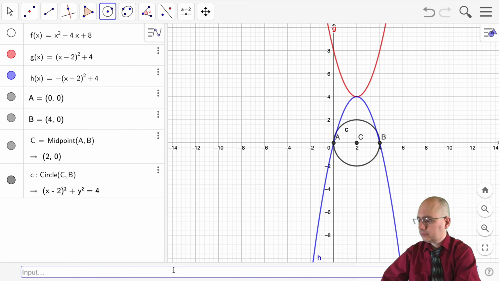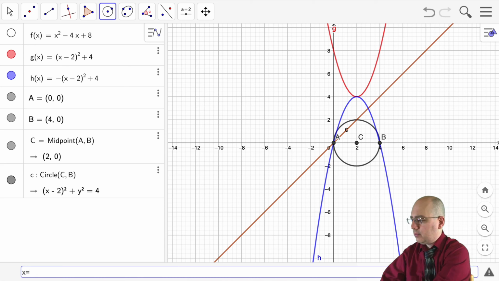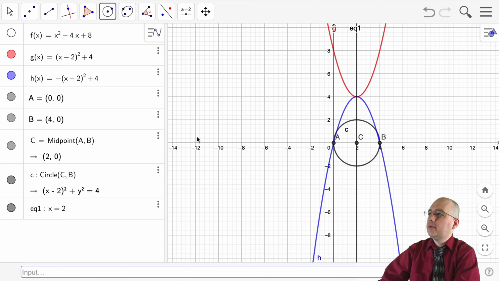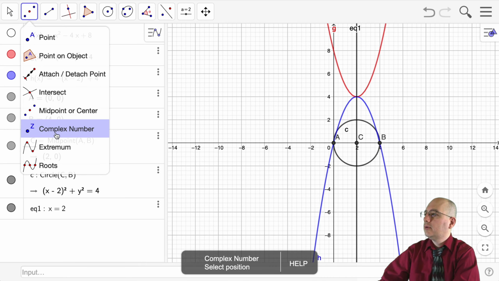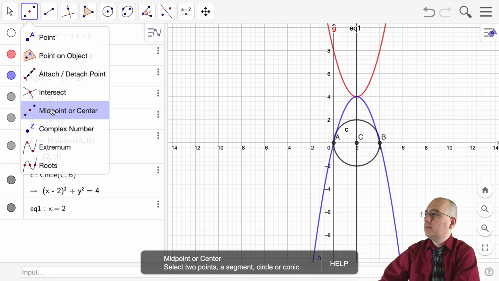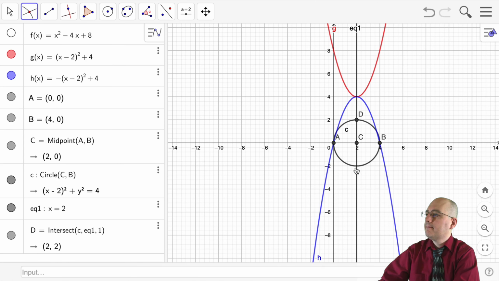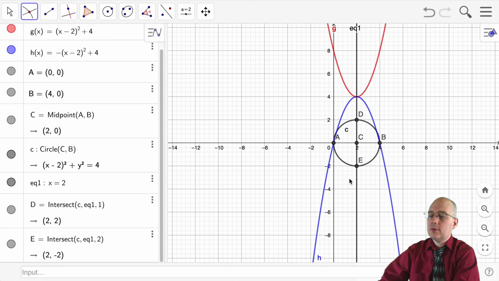Now, x equals x of c, like so. So that's the vertical line going through the center, and now there we go.